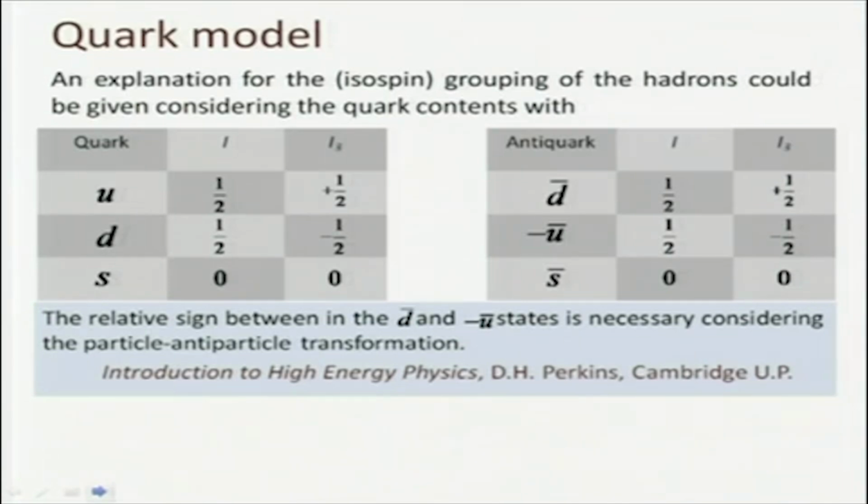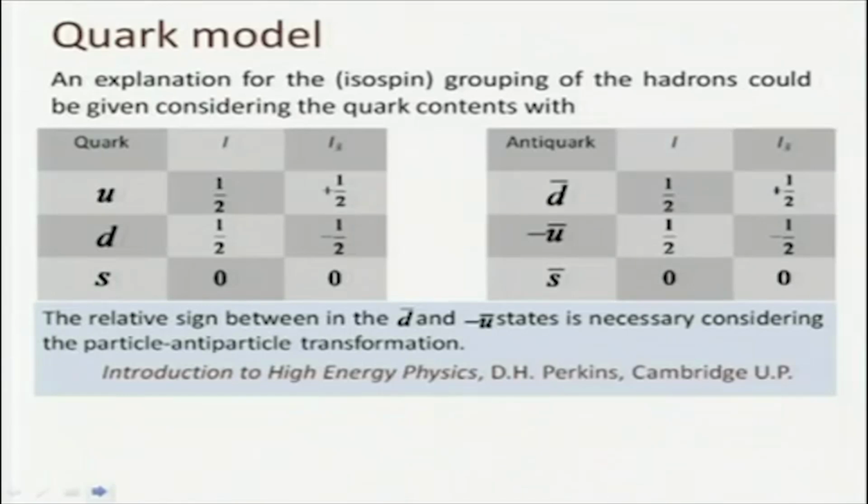If that is so, then we need to put a relative minus sign in the D bar, U bar case, and the D bar quark will now have I3 equal to plus half, and the U bar quark will have I3 equal to minus half.